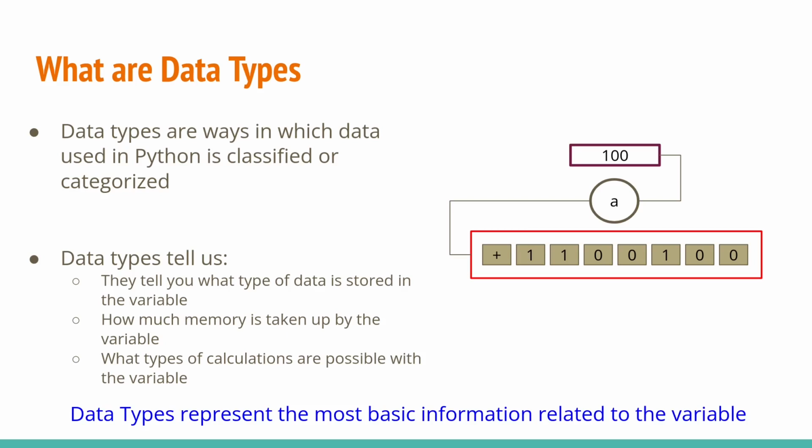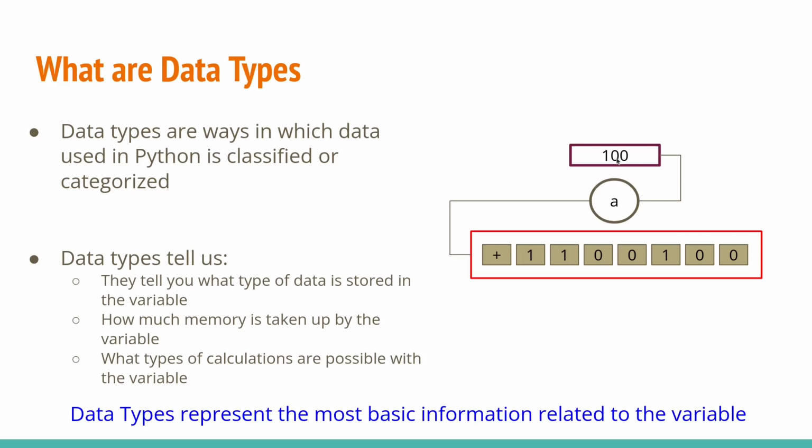For example, we saw that in a equals 5, an integer was being stored in that variable. By knowing that it's an integer, we know what type of calculations are possible with it and how much memory is needed to store that variable.